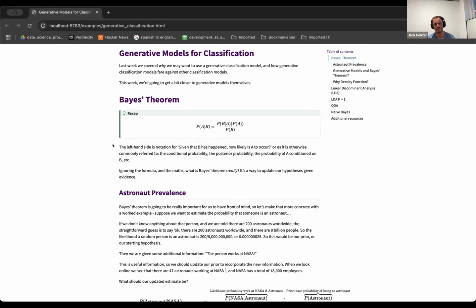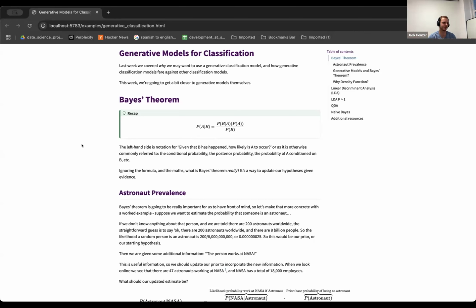Often it gives an intuitive answer, but it's not always easy to see why you have A conditional on B and then B conditional on A, etc. But all it's mainly used for is to give you an indication of how to update your hypothesis when you get some new information. That's the whole idea.